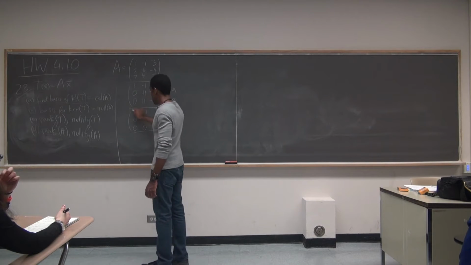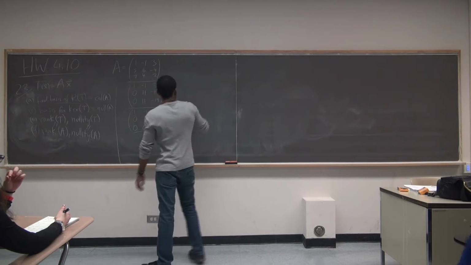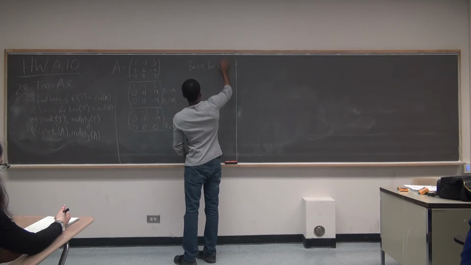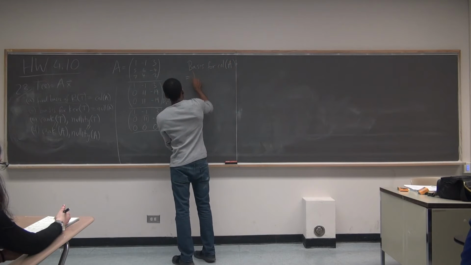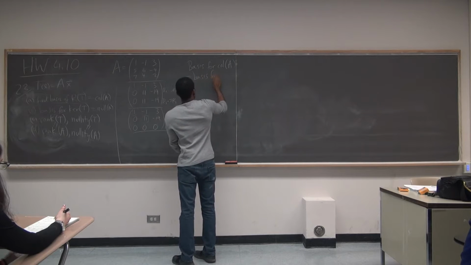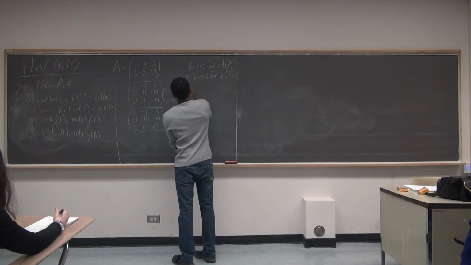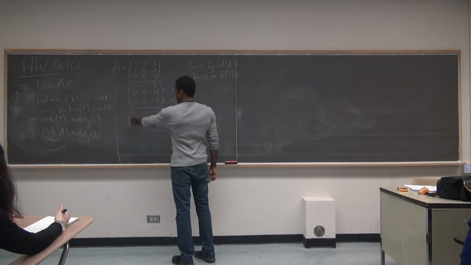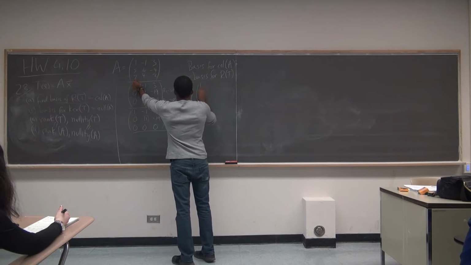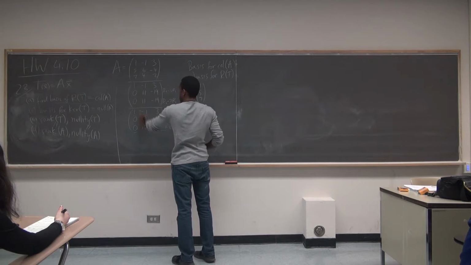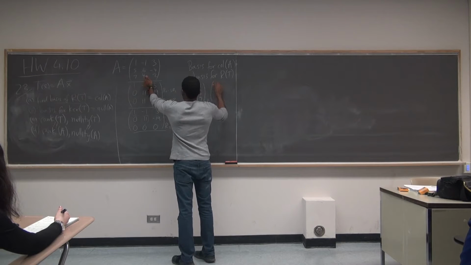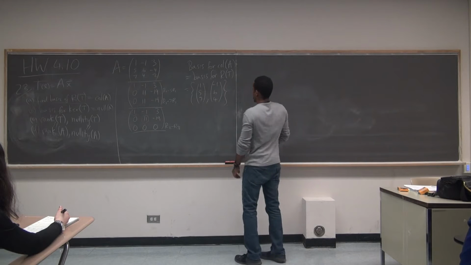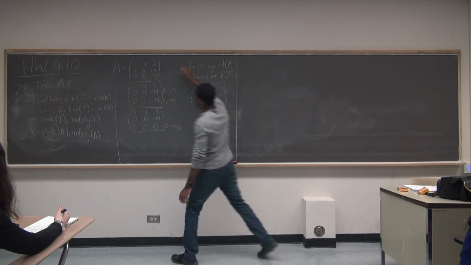And so basically, the pivots will be here and here, so the basis for the column space of A, which is the same as the basis for the range of T, is the column corresponding to the first column, 1, 5, 7, and the column corresponding to the second column, minus 1, 6, 4. And that's part A.